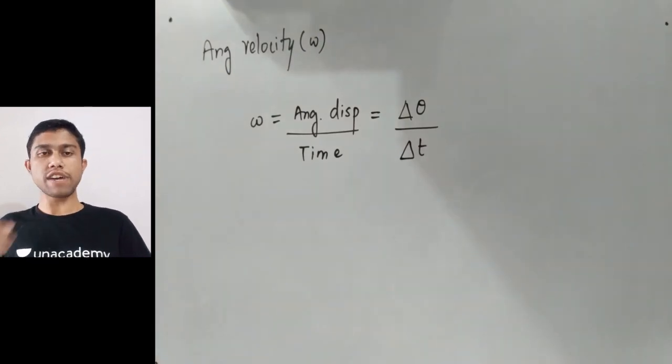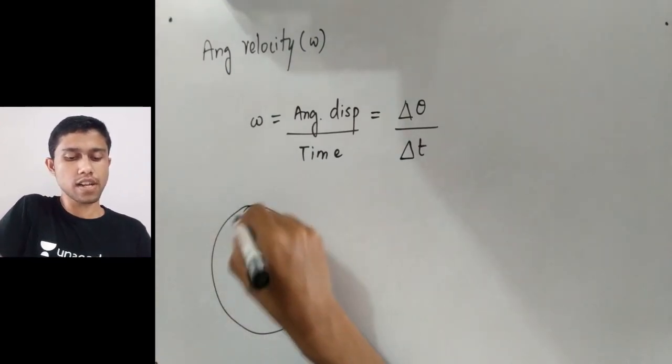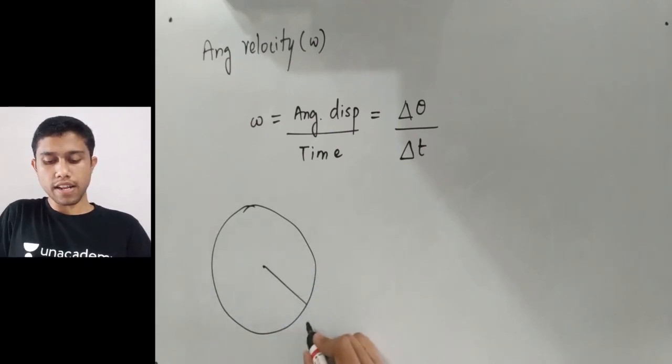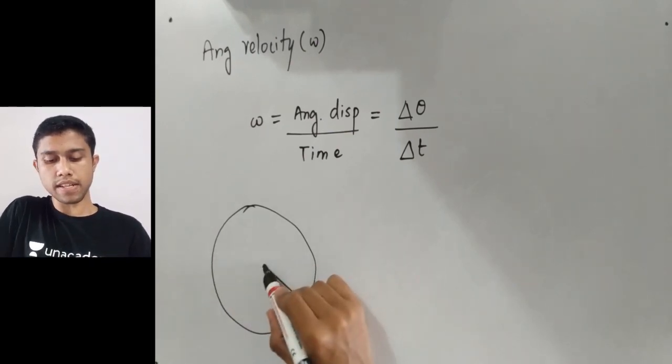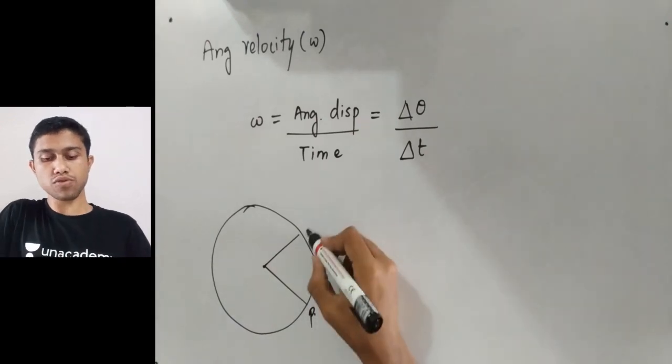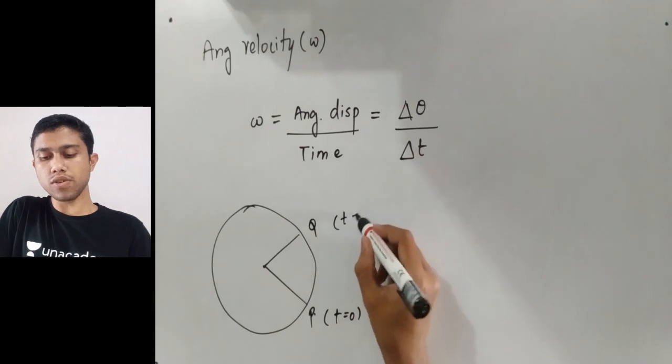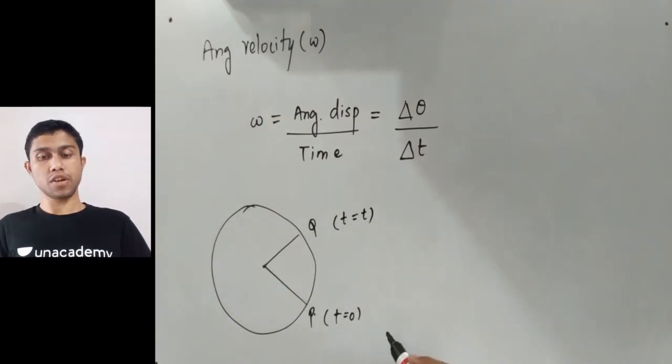It will be clear if I draw a diagram. This is a circle. Now the particle is at point P. After some time t, it goes to point Q. So the time here is 0, whereas there it is t.